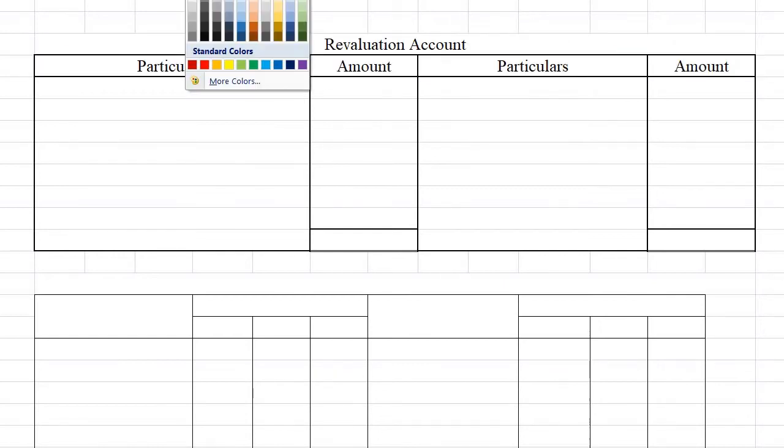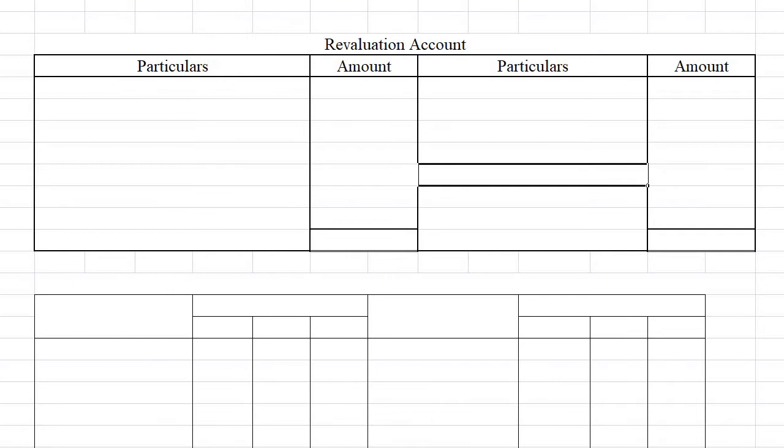Okay, then first we can see how to prepare the revaluation account. Preparation of revaluation account is the same as that of admission of a partner. What we have done there, in the same way we can do here also. In the question it says that 5% provision for doubtful debts is to be made on debtors.